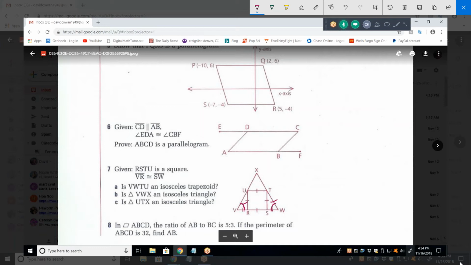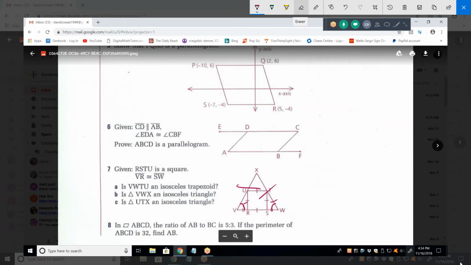So if those two base angles are equal to one another, then the sides have to be equal. That's the definition of an isosceles triangle. It's not just two equal sides, it's two equal sides and their opposite angles are equal. So if you find a triangle whose opposite angles are equal, that means it's isosceles.